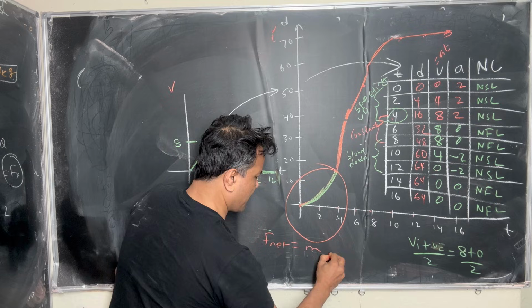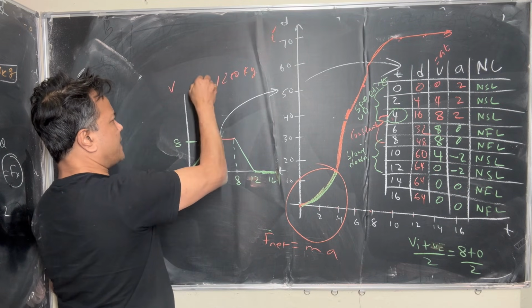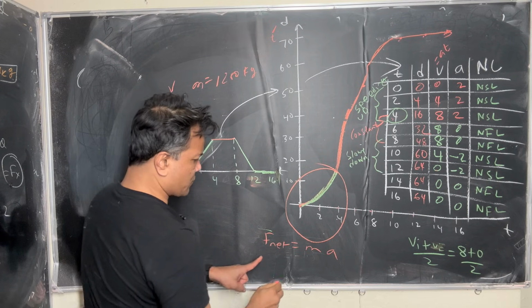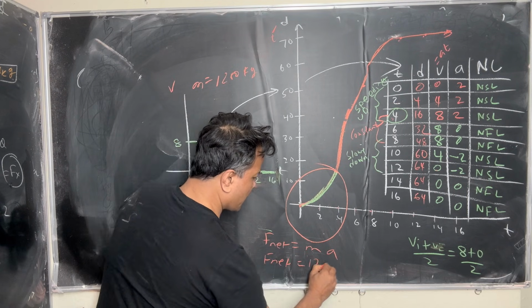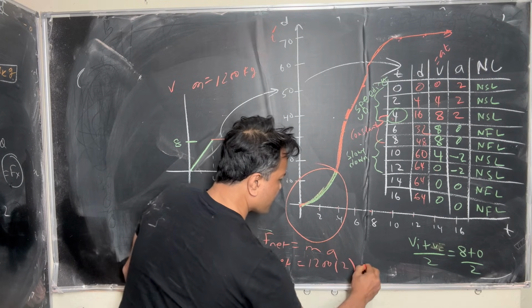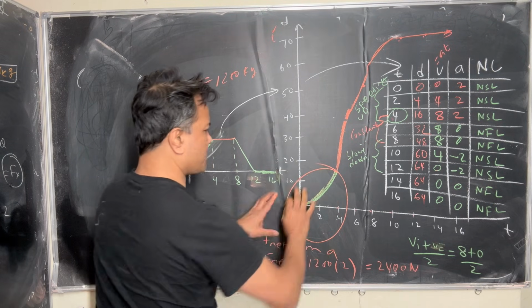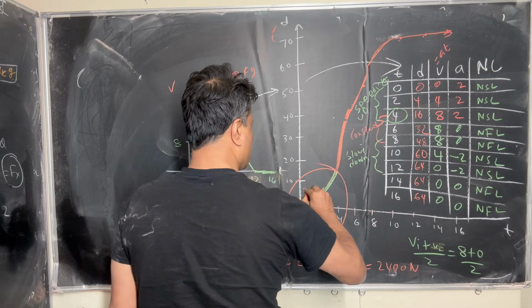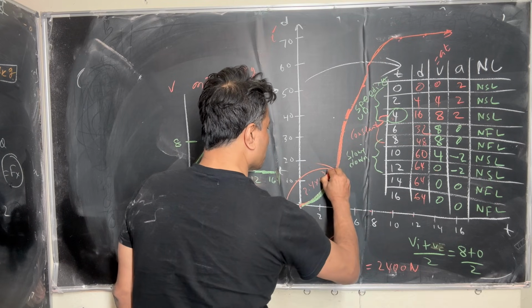F is equal to ma. So the car is 1200 kilogram, right? Mass. So the net force has to be F net is 1200 times 2, so 2400 Newton. So from here to here, the net force is 2.4 times 10 raised to 3 Newton.